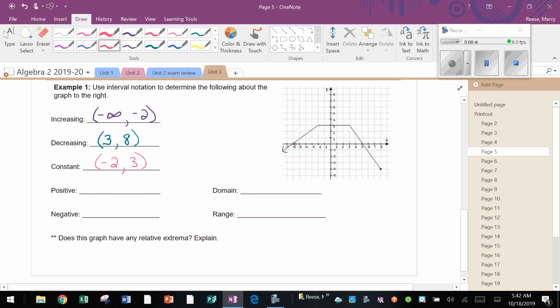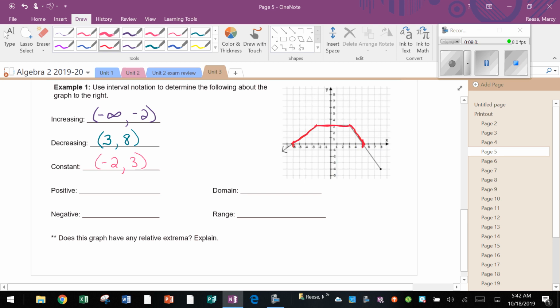So I'm going to use my orange for Halloween. Here are my parts where it's above the x-axis. And I'm looking again at the x's. I don't care about what the y values are. I'm looking at the x's, remember.